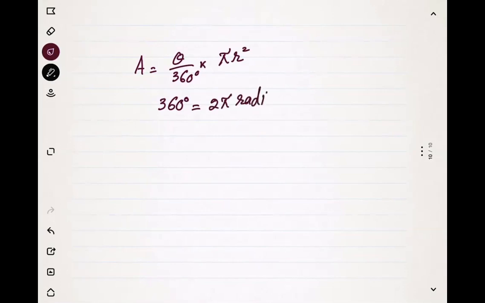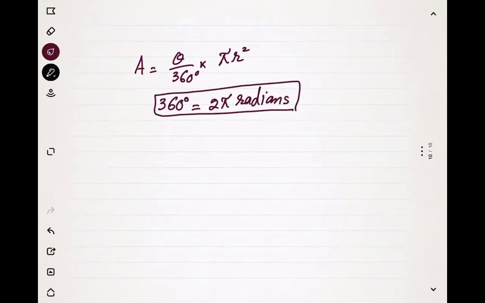However, before that, from where do we get this formula for area of sector? In your O level, you studied area of sector is theta over 360 into pi r square. Now 360 degrees, in radians, is 2 pi radians. So in a complete circle, the angle can be given as 360 degrees, or as 2 pi radians.